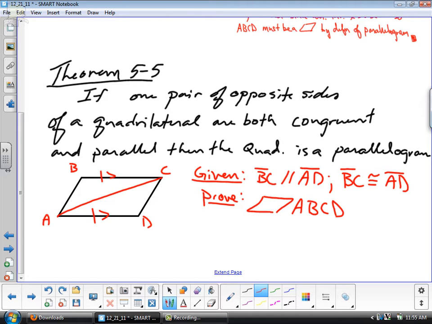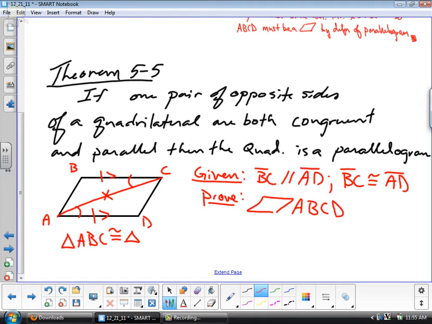And what I know is, since we have parallel lines, alternate interior angles are congruent. Does that mean we have congruent triangles here? Yes, because of the shared side, triangle ABC is congruent to triangle, and again, I have to be careful how I state the other triangle.